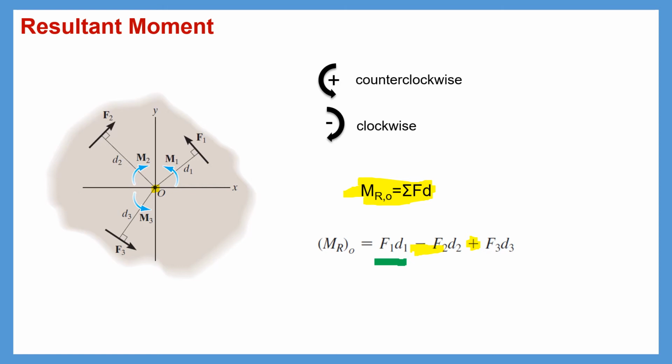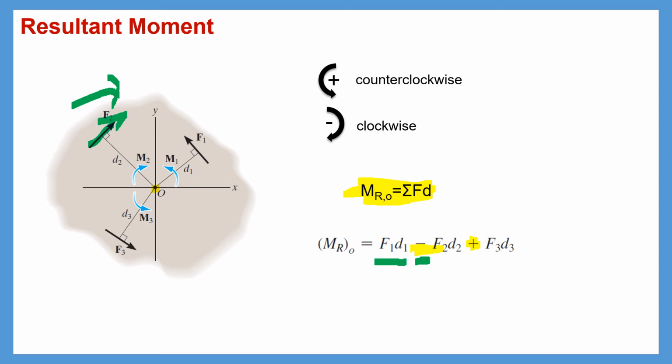But for F2, it will rotate the body in clockwise direction. So its moment will be in minus z direction. So we are writing minus F2 times D2.